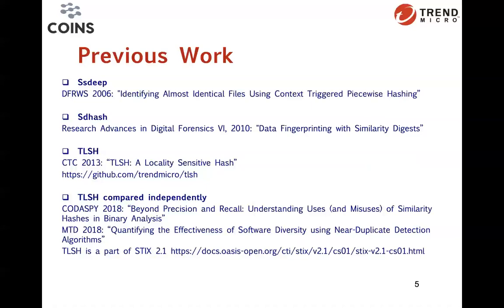They determined that TLSH and SDHash were more accurate than SSD. They identified that SDHash and TLSH were suitable for security applications. TLSH has been made a part of the STIX 2.1 standard.